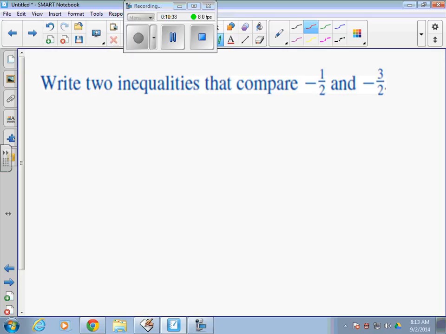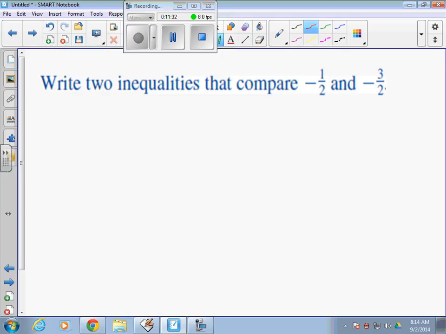Okay, take about 30 seconds to do this one. Okay, just like the one we just did, now we're not graphing them, we're just writing the two inequalities.